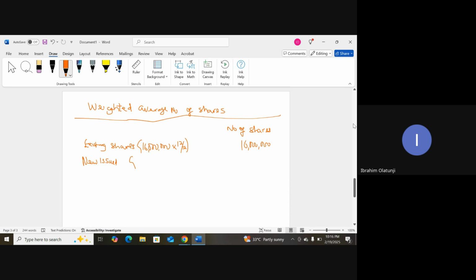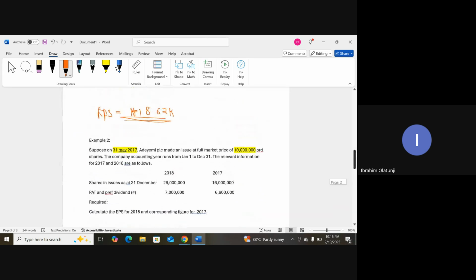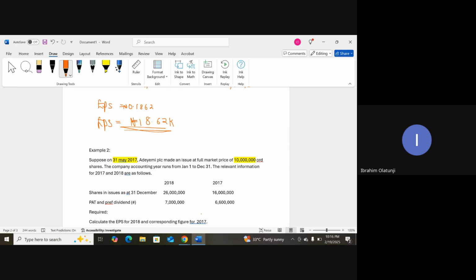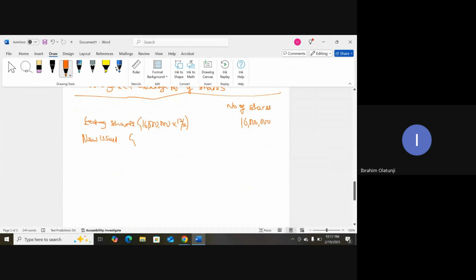For us to make it 26, you know it is 10 million and 16 million that give us this 26. So it is these two that you are breaking down. Check it very well. We'll put the 16 million, so 10 million is the balance.